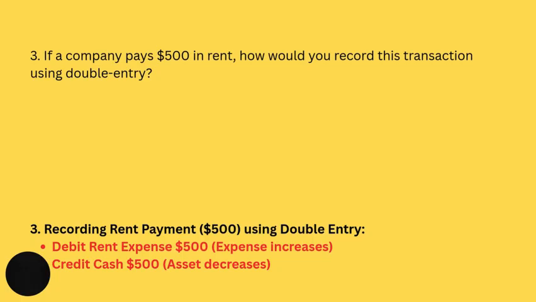First, we will debit rent expense for $500. This is because our expenses are increasing, reflecting the cost associated with using the rented space. Next, we will credit cash for $500. This indicates that our cash asset is decreasing as we are using that cash to pay for the rent.